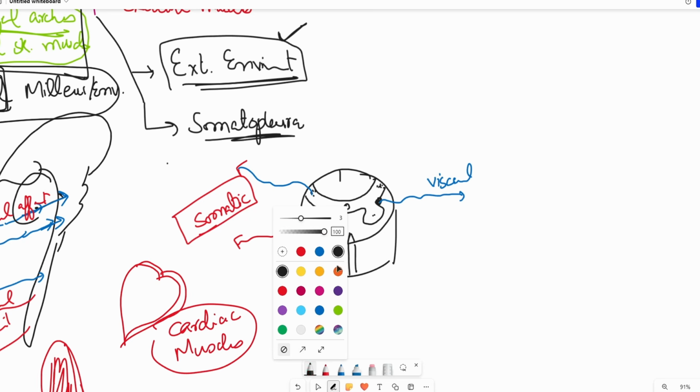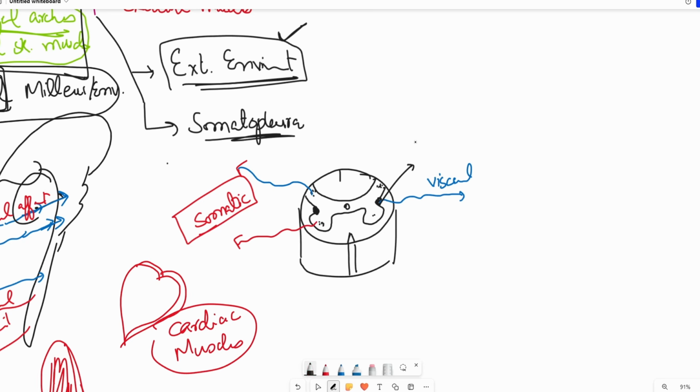Let me write it for you: in the spinal cord, visceral nerve fibers originate from the lateral horn, and the somatic nerve fibers originate from either the dorsal horn or the ventral horn. If they are originating from the dorsal horn, they are sensory, they are afferent. And if they are originating from the ventral horn, then they are motor, they are efferent.